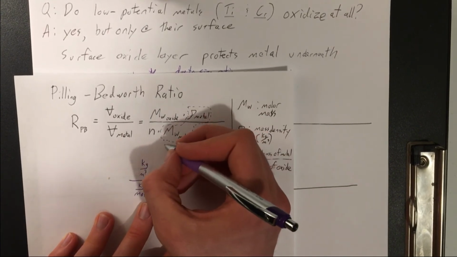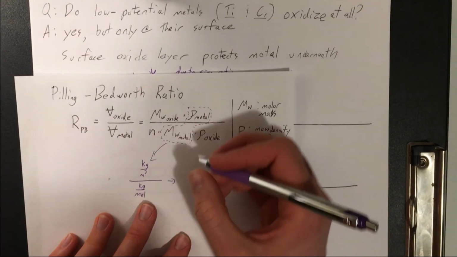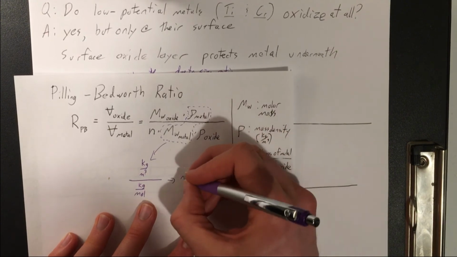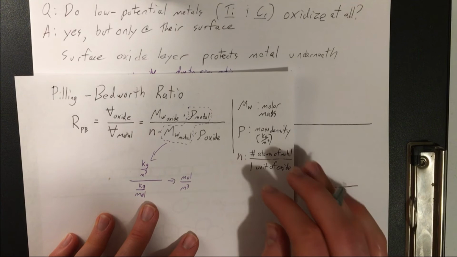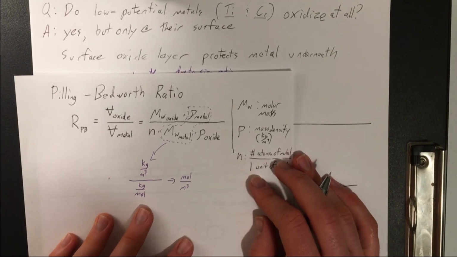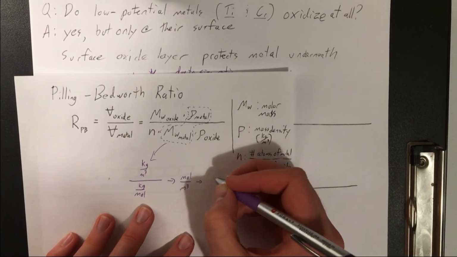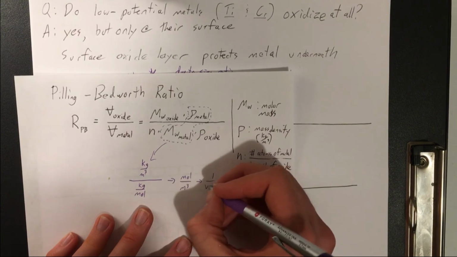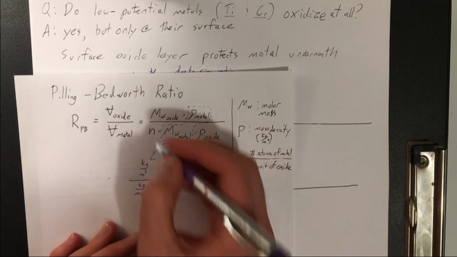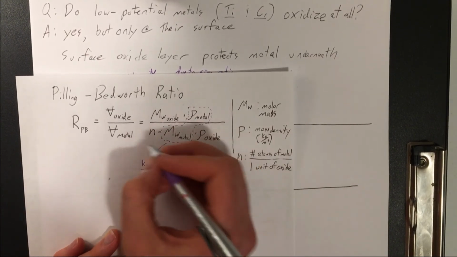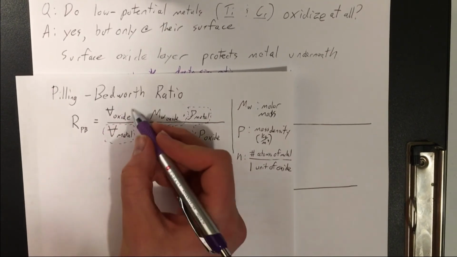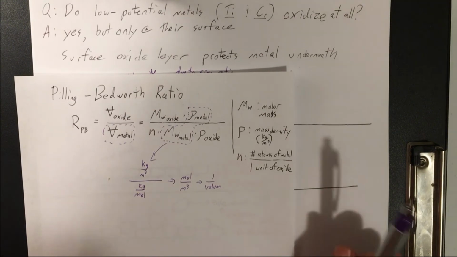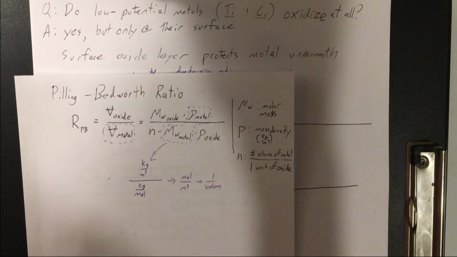So basically just this part that I've highlighted in purple would have units of moles per meter cubed. And this would be something like 1 over volume. So what I highlighted in purple here is analogous to what we have over here, this 1 over volume of metal in the denominator there.